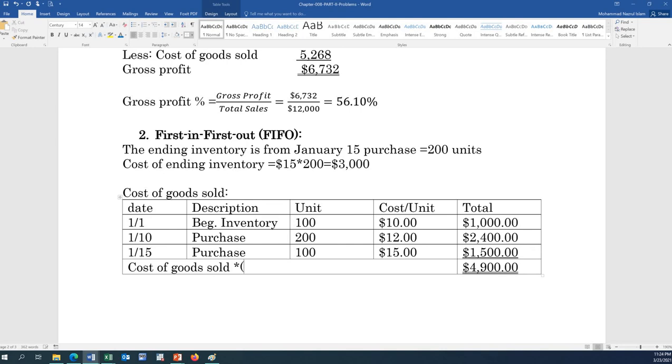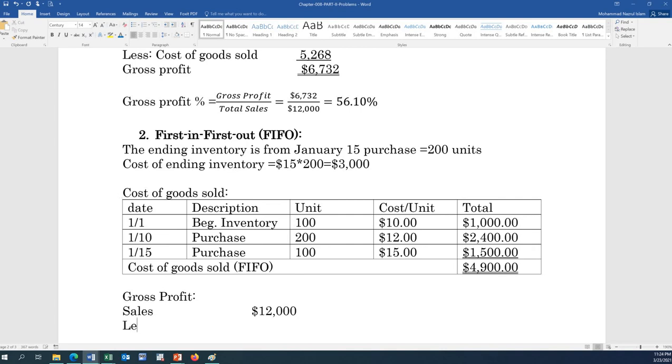Cost of goods sold. We can say this one is FIFO cost of goods sold. Now it's very simple, so let's calculate the gross profit. Sales, we already know the amount of sales.